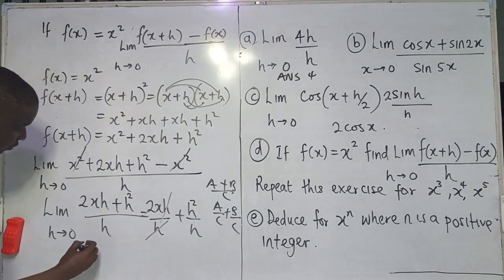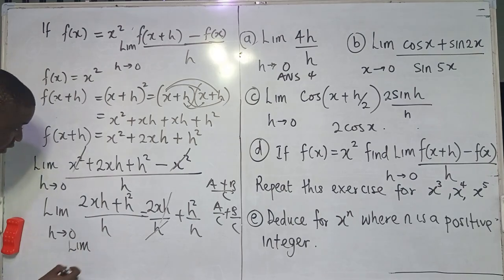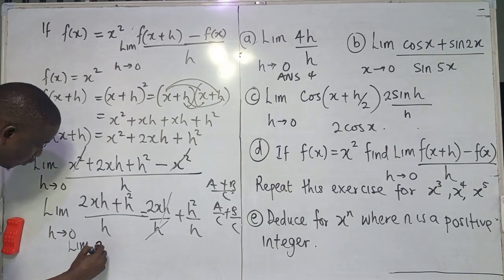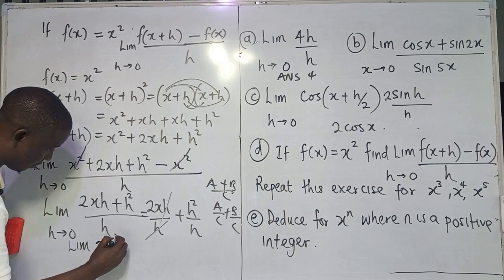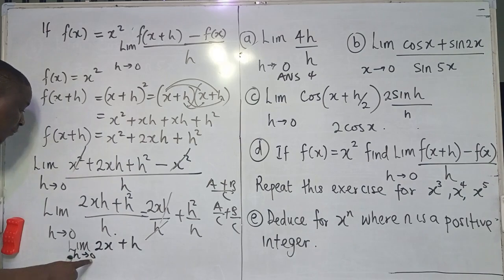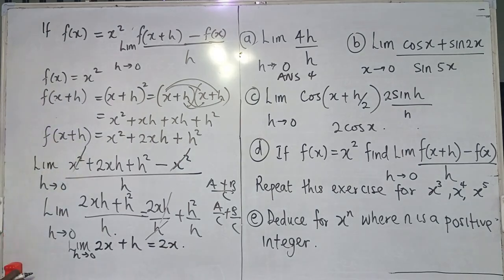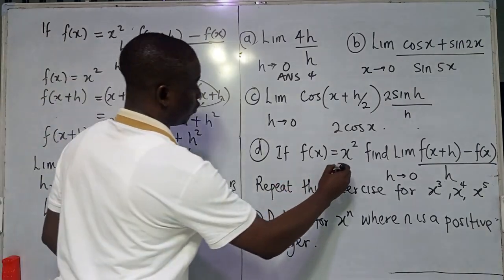So this now becomes the limit of 2x plus h as h tends to 0. If you put h equal to 0, what is the answer? 2x. So my answer will be 2x.